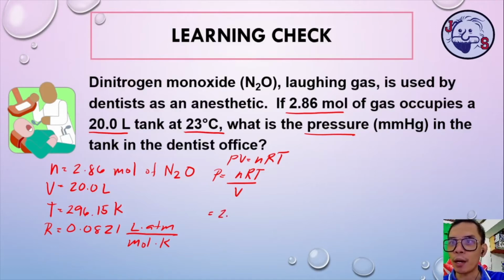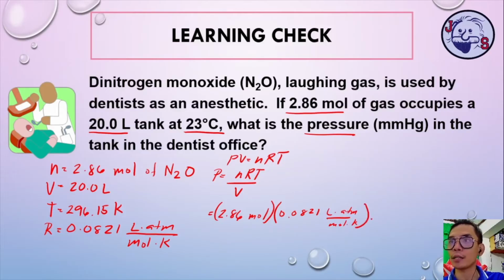So we have 2.86 moles times 0.0821 liters atmosphere per mole Kelvin.